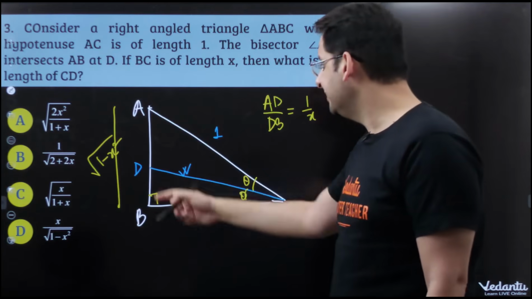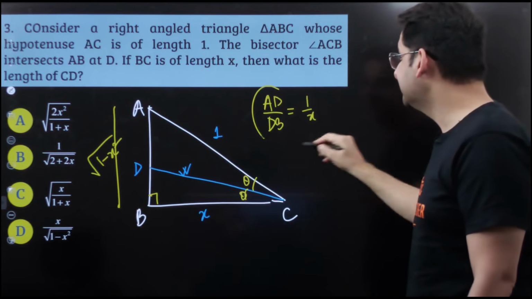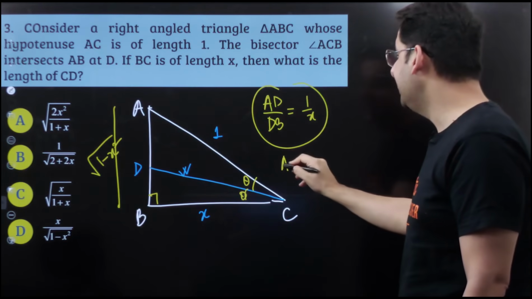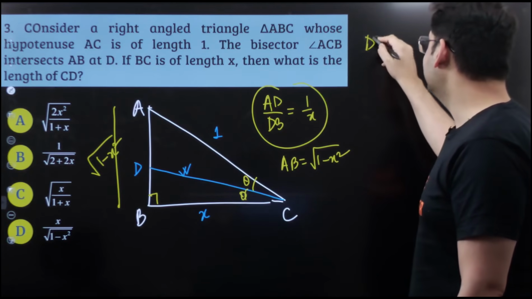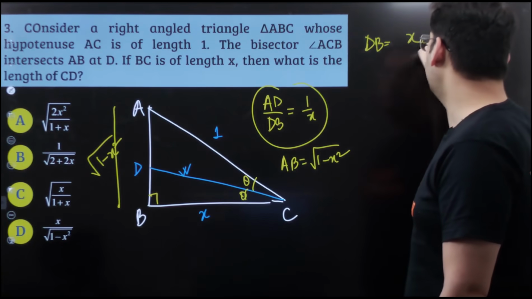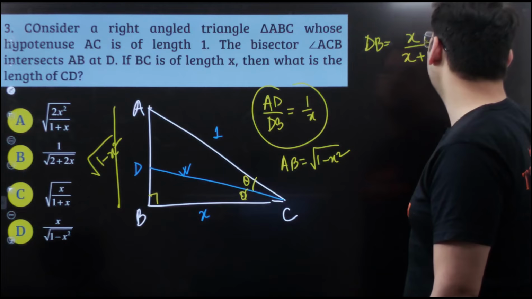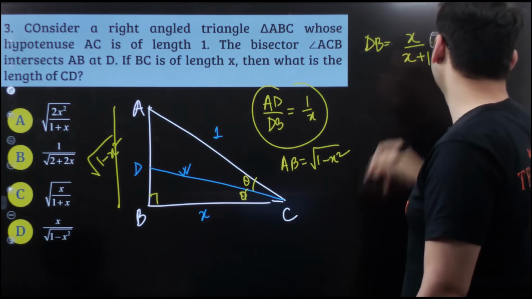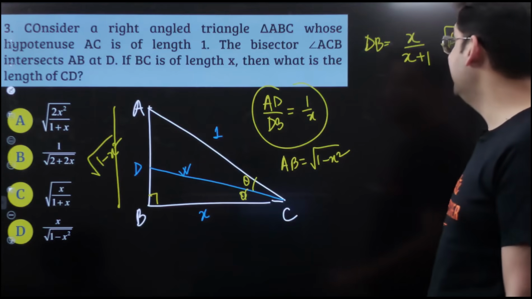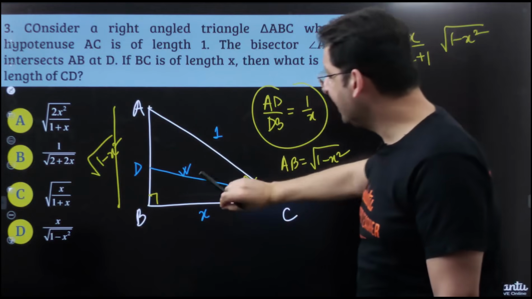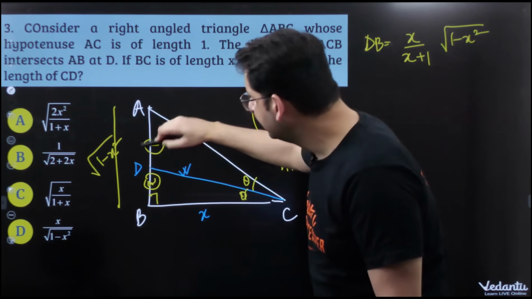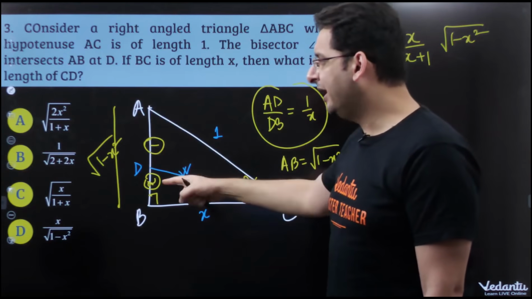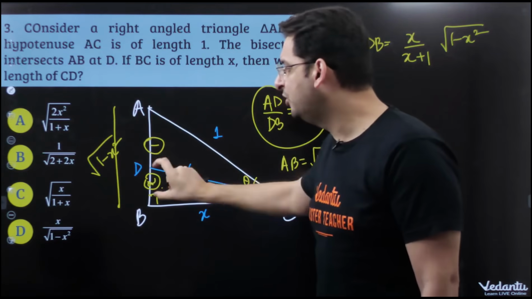This ratio is 1 by x and the whole AB length is root of 1 minus x square. So DB length is going to be equal to x upon x plus 1 into root of 1 minus x square. So this is going to be DB. The ratio is x is to 1, total length is this, so x upon x plus 1 times this is going to be length DB.